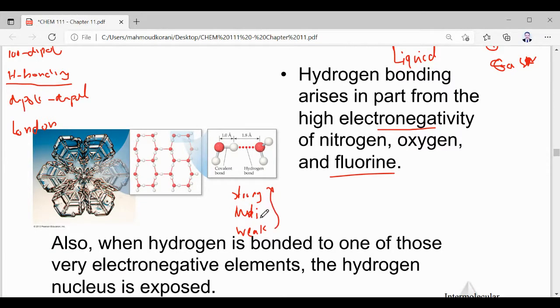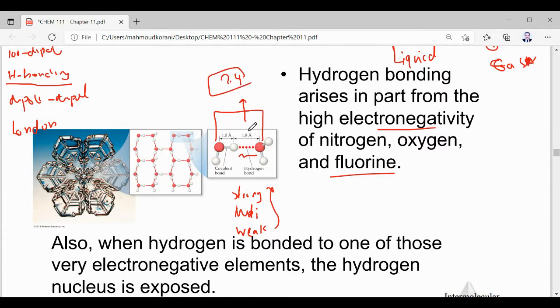These types depend on the bond length of the hydrogen bond, and also the distance between the heavy atoms, here oxygen and oxygen. The hydrogen bond length here is 1.8 and it reaches something like 2.4. This is the weak one, so to say, and this is the strong one.